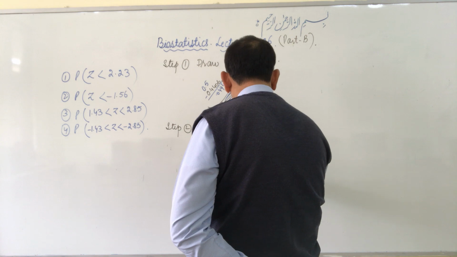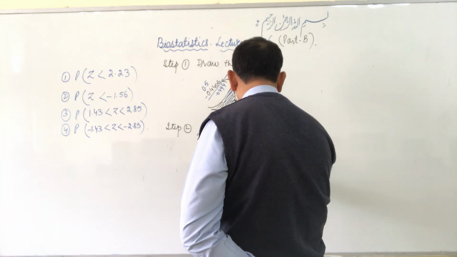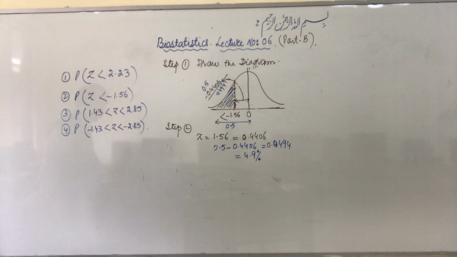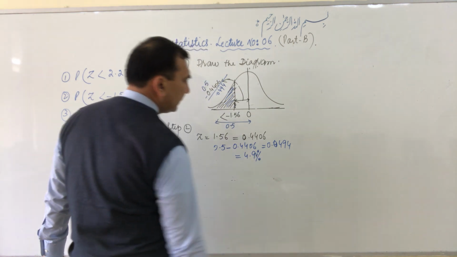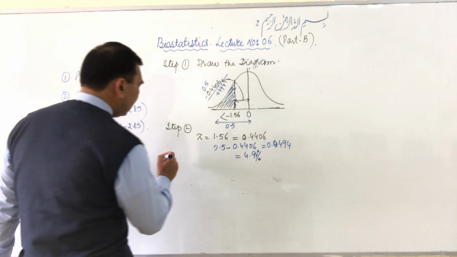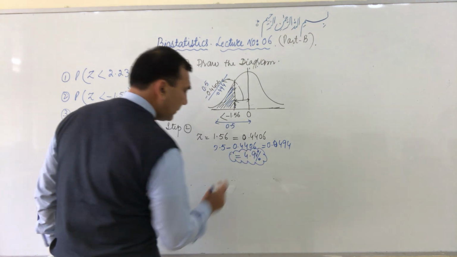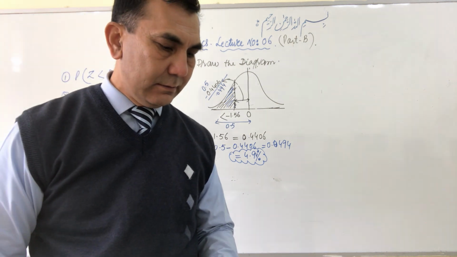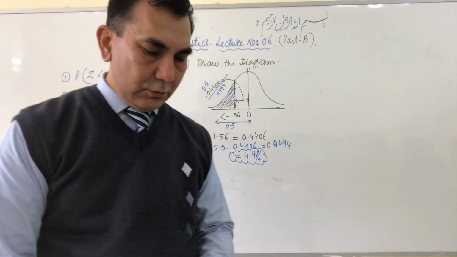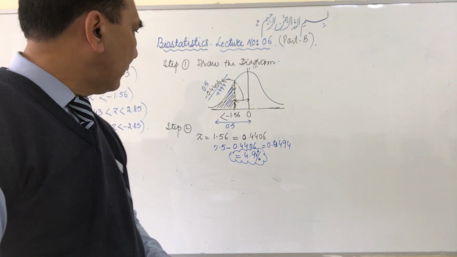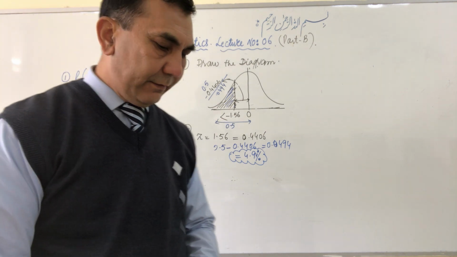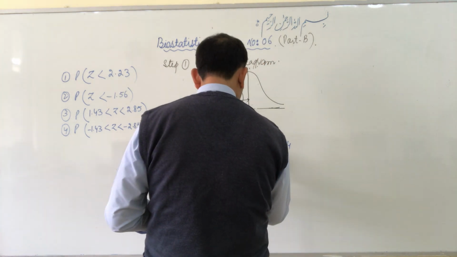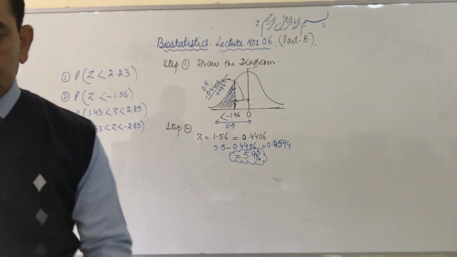Let me check it through the calculator. 0.5 minus 0.4406 is 0.0594.